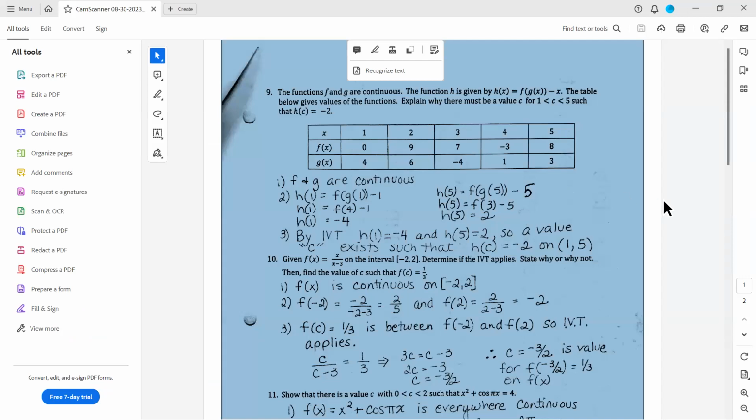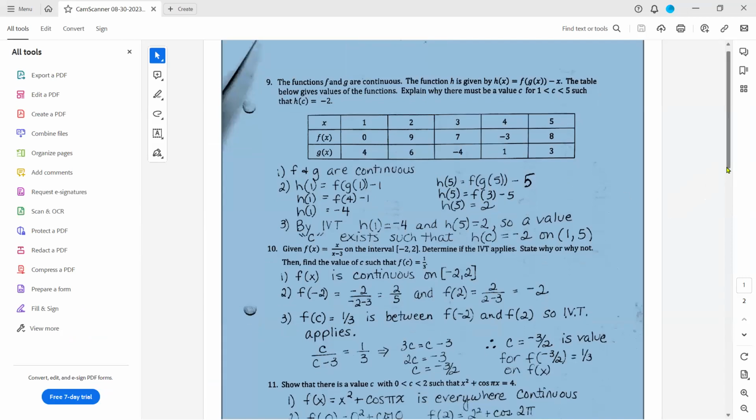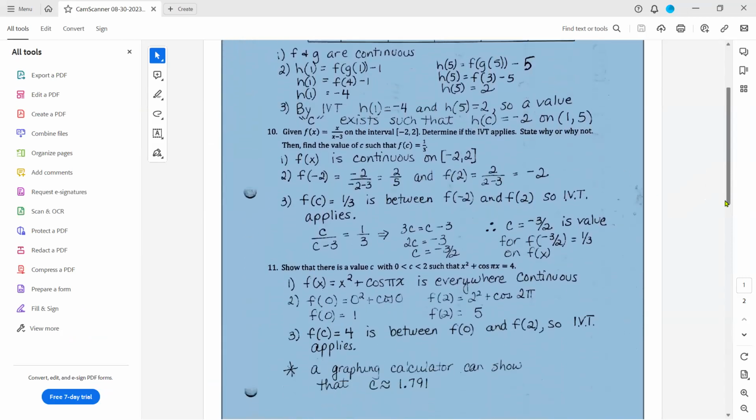Yeah, there's a lot. Looking at number 10, so given f of x is equal to x over x minus 3 on the interval from -2 to 2.